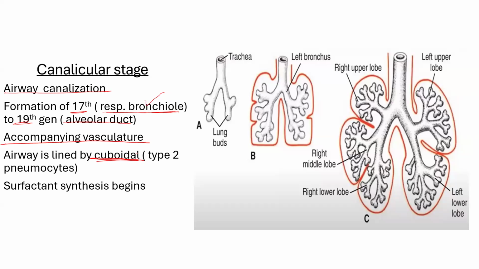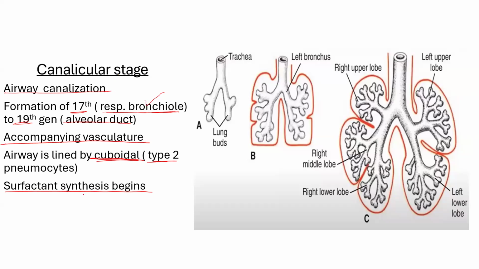The type 1 pneumocytes are those flattened squamous cells which form part of the air-blood barrier, okay? Type 2 pneumocytes, on the other hand, are the ones which produce surfactant. So this tells you that surfactant production begins in the canalicular stage.